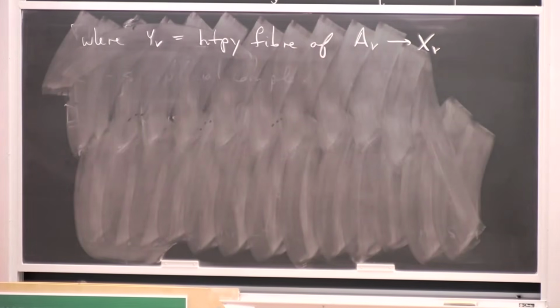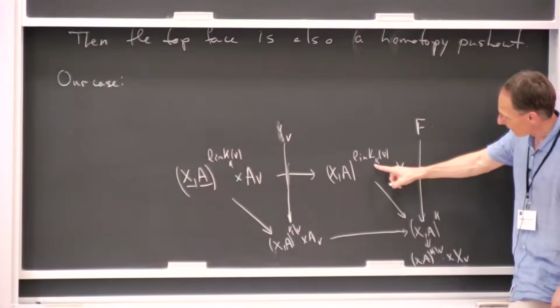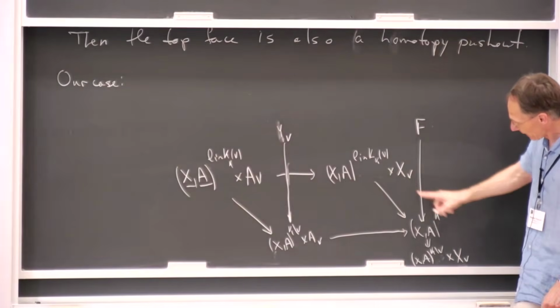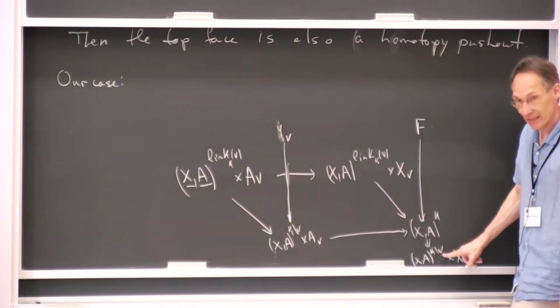If I go in from this side, I've got a polyhedral product for a link cross X, mapping into the polyhedral product for the restriction cross X. It'll map by a product, which is the identity on X, so that cancels out when I take the fiber, leaving just the fiber from the link into the restriction.